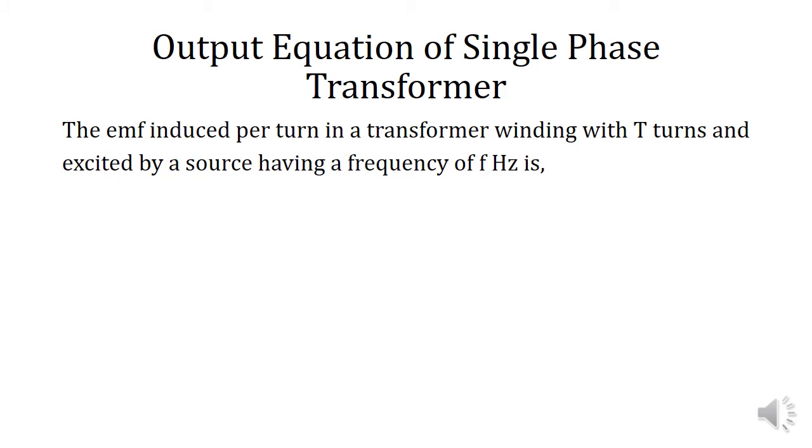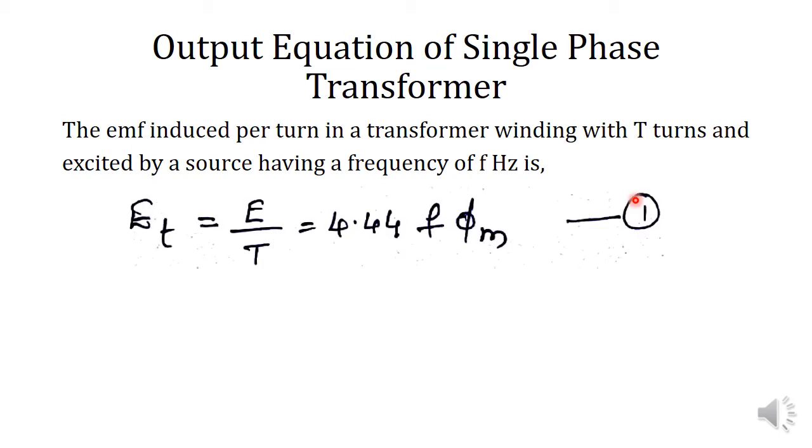Now let's derive the output equation. Output equation of a single phase transformer. The EMF induced per turn in a transformer winding with T turns, number of turns is represented by capital T, and excited by a source having a frequency of F Hertz is EMF per turn ET is equal to capital E divided by capital T. Capital E is the EMF induced and T is the number of turns.